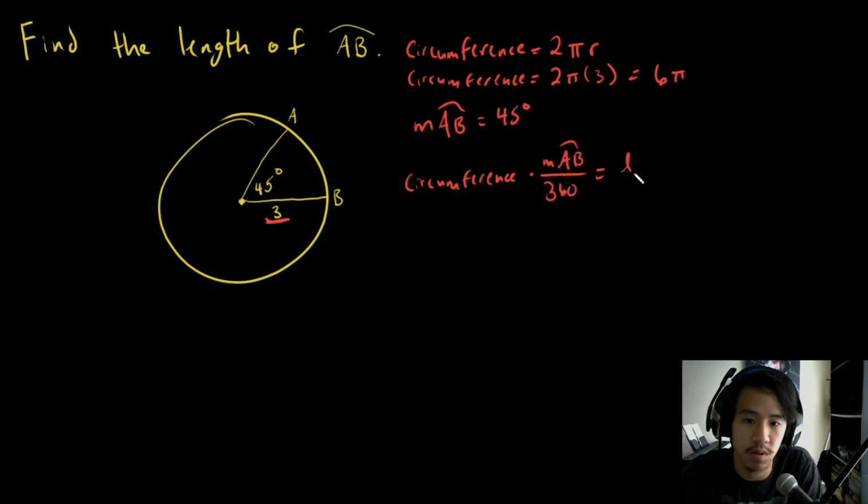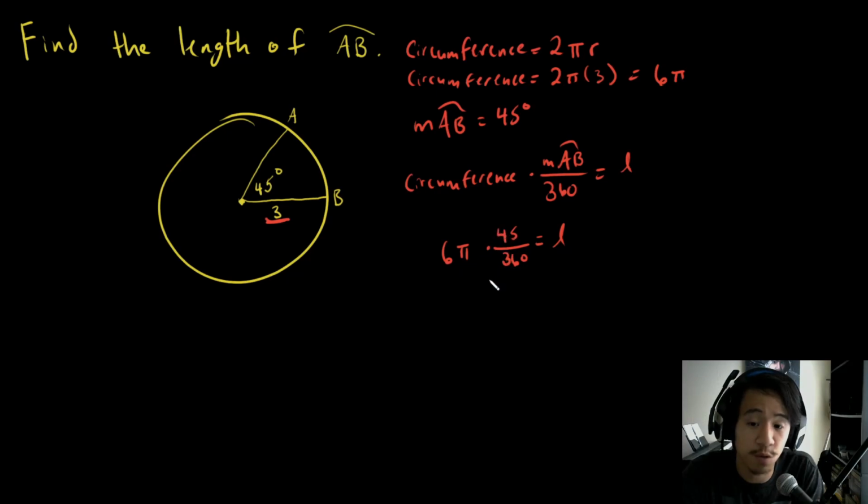This is equal to L. This is going to be the length. So the circumference is 6 pi. Measure of arc AB, sorry, is 45 over 360. This is equal to L, the length.